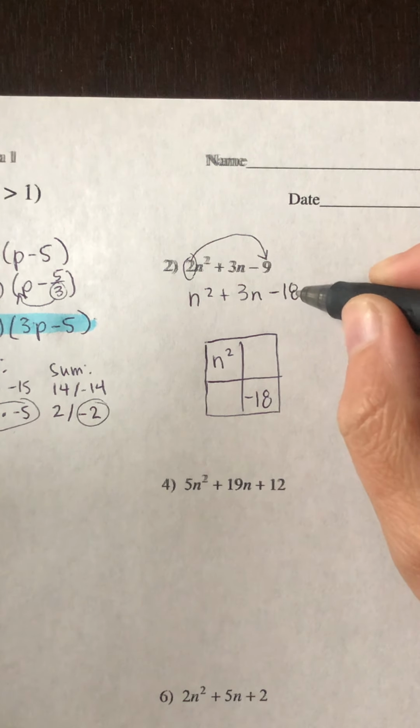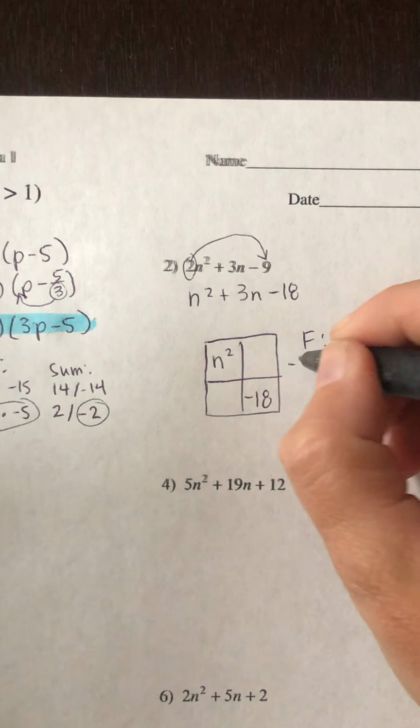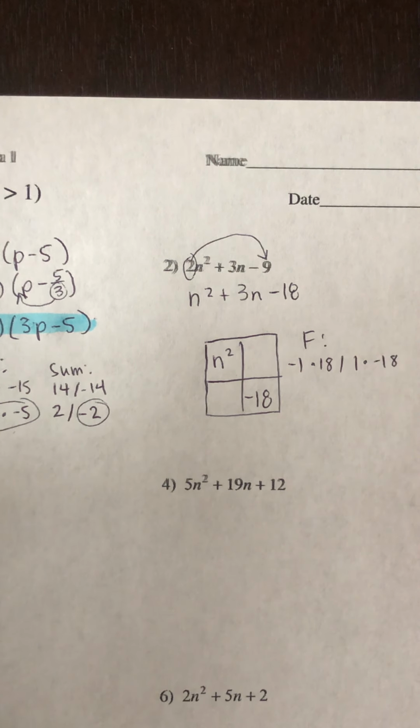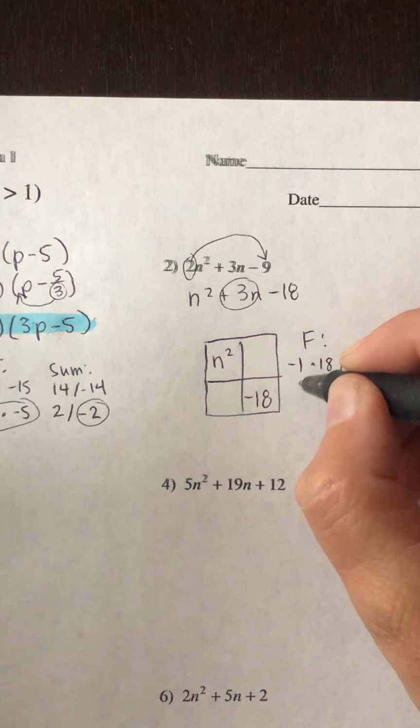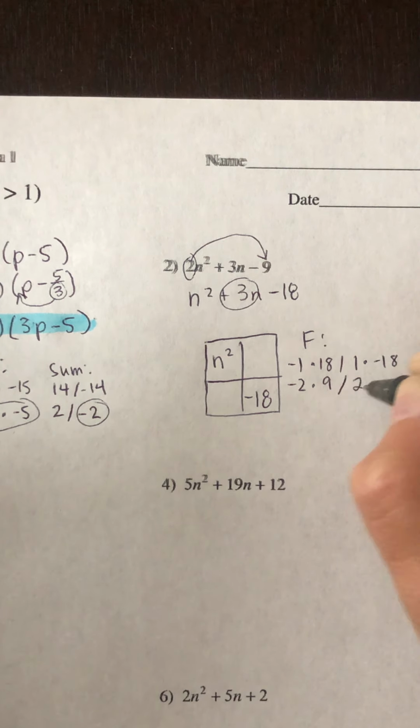We've got a negative here. It tells us one's got to be negative, one's got to be positive. So our factors here, negative 1 times 18 or 1 times negative 18. And our sums for those would be 17 or negative 17. We're looking for positive 3. Next, we would have negative 2 times 9 or 2 times negative 9, which would give us sums of 7 and negative 7.